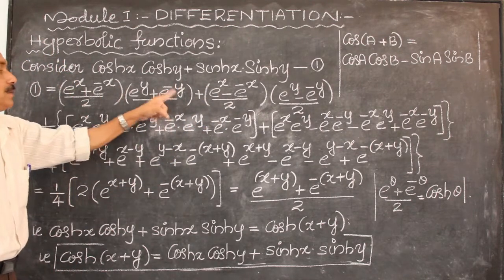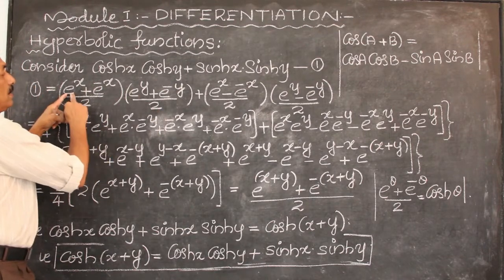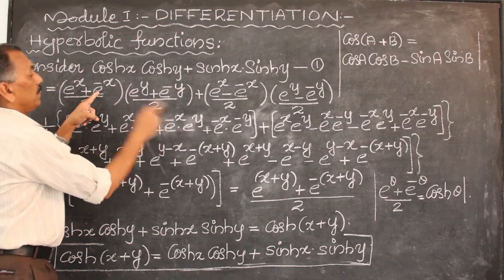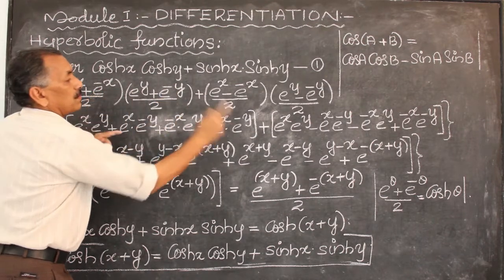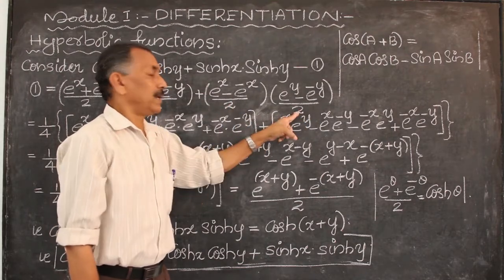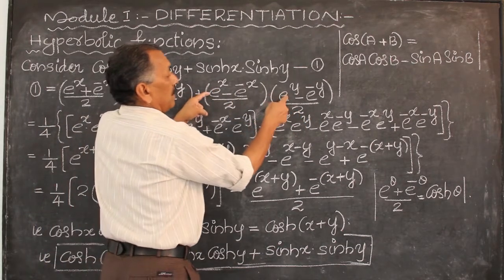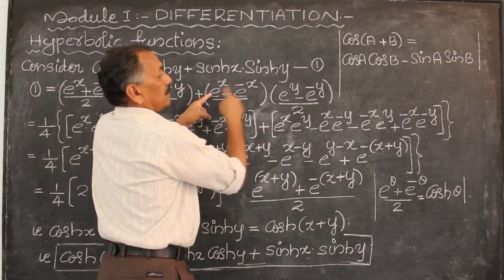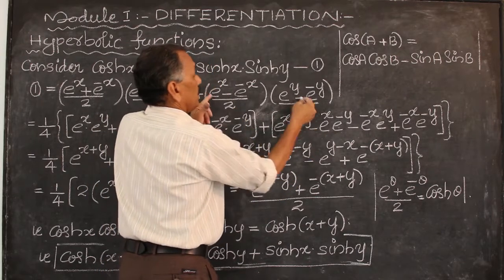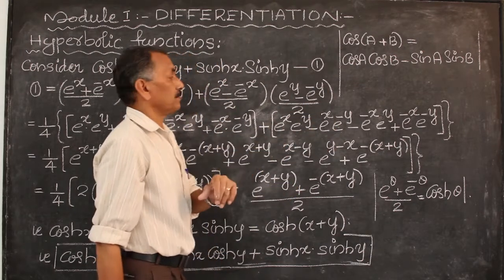Multiplying this by 2, and then multiplying this with both terms: e raised to x into e raised to y, e raised to x into e raised to minus y, e raised to minus x into e raised to y, e raised to minus x into e raised to minus y. Plus, similarly, 2 into 4 is written outside: e raised to x into e raised to y, e raised to x into e raised to minus y minus, this is minus, this is plus, this is minus, e raised to x into e raised to minus y.